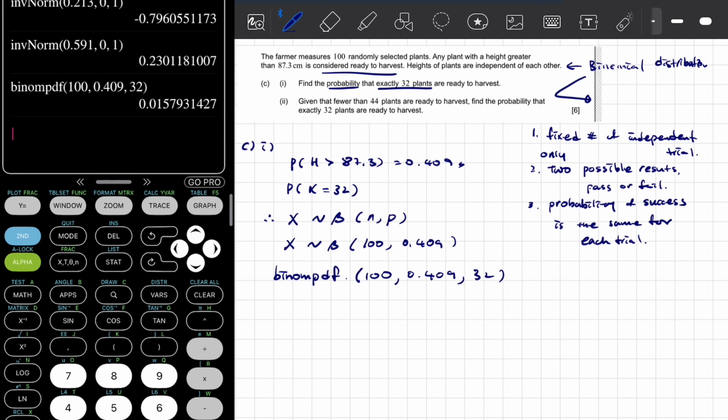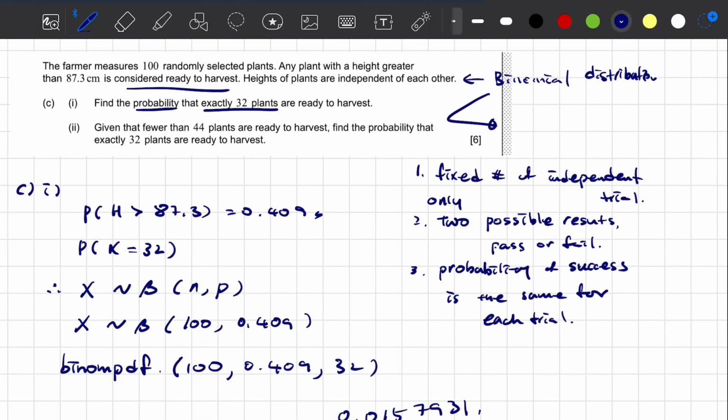Then you get the final answer of 0.0157931. So the probability that x is equal to 32 is equal to 0.0158.